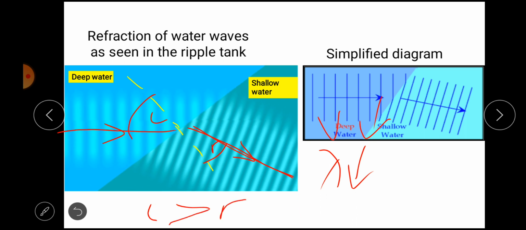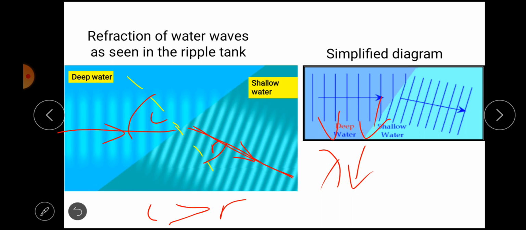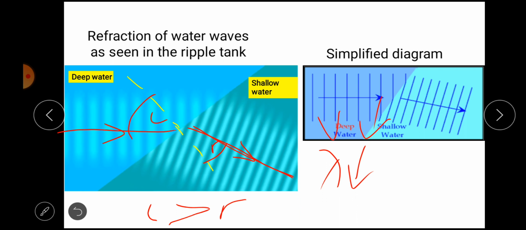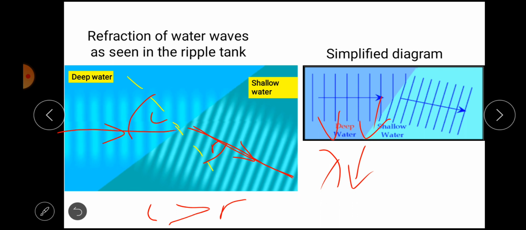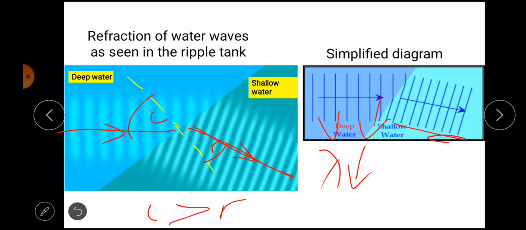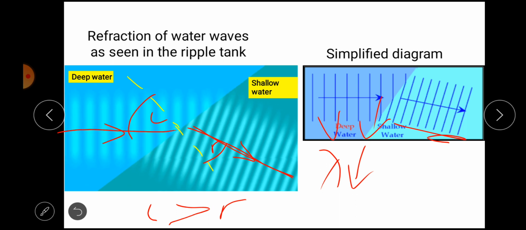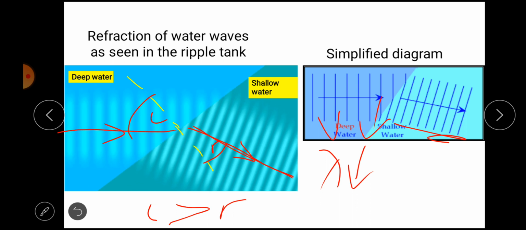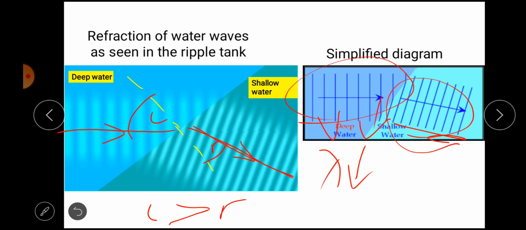So this is a simplified diagram of what happens. In the shallower water, the wavelength has been reduced. You can see here the wavelength has been reduced in this part. If you could measure the distance between two wavefronts in this region, you would find that it is smaller than the wavelength here.